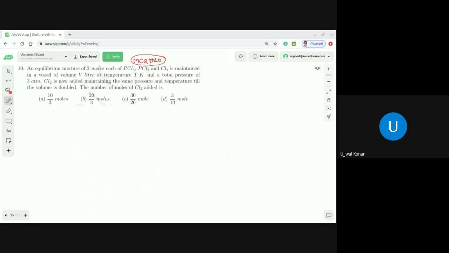Yes, dear students, what is your answer here? Pratik? So B. Correct. Students? Yes, sir. All of you got B? Yes, sir. Okay, great. Appreciate.